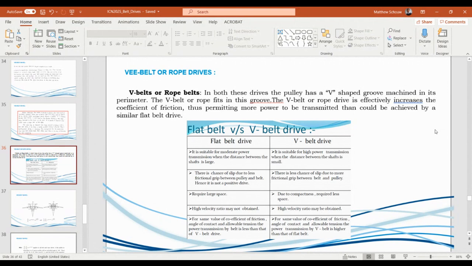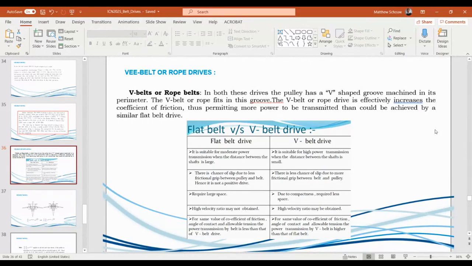And then on the V-belt side, there's less chance of slippage, basically. Flat belts require large space, obviously. Consequently it's good for large distances. And of course, V-belt requires less space due to compactness. With flat belt drives, you get high velocities.